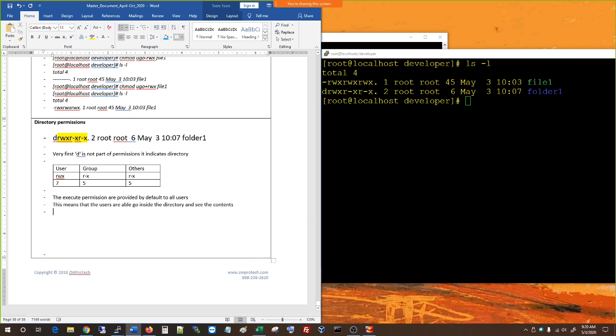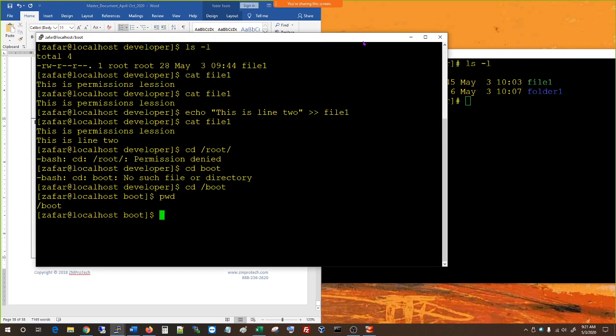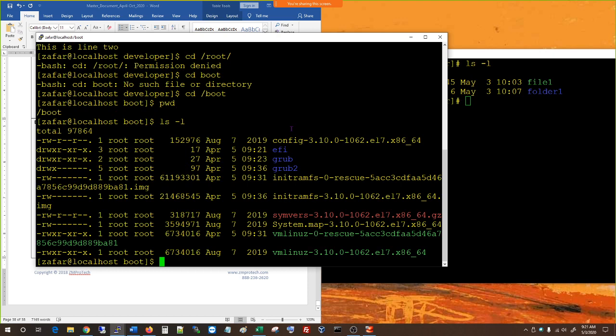Directory permissions are designed such that users are able to go inside and look at the content of the directory. For example, a regular user could go in there and do ls -l and see the contents of the directory.